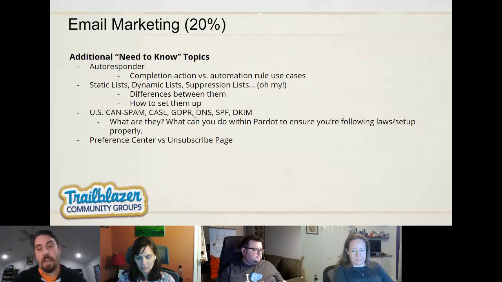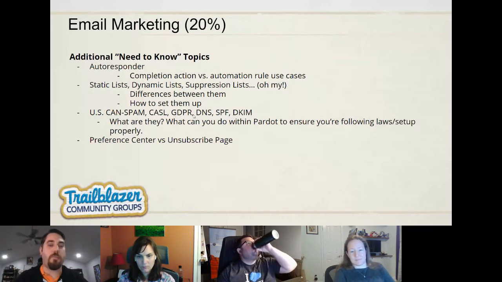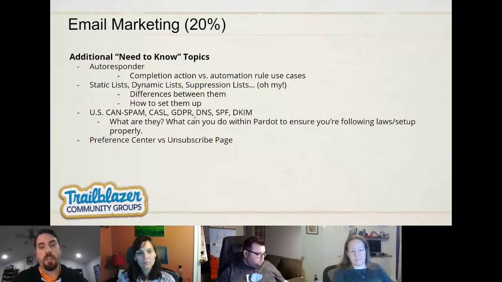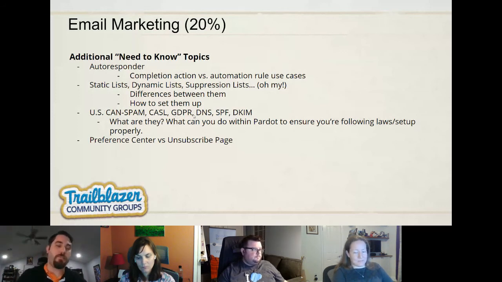DNS, SPF, and DKIM are more terms that you will need to understand and set up as a way to ensure that your deliverability rate is high. From my experience, you don't need to know a lot of detail about what those things do, so much as how to set them up, and why those terms are important from an email send perspective.